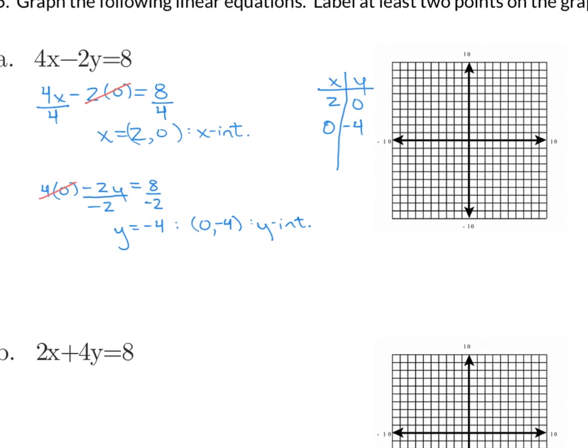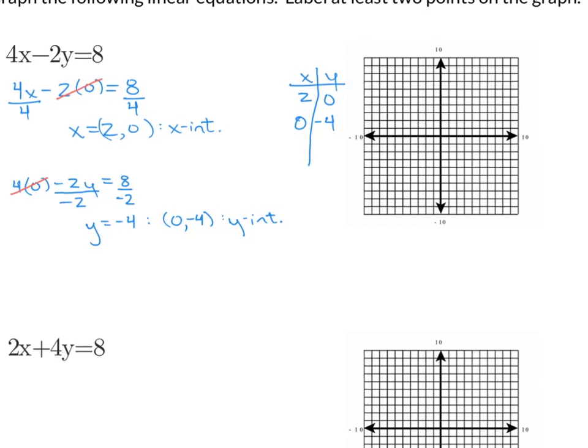Okay, so now let's go ahead and graph these 2 points. 2, 0, we're going to start at 0 and move 2 to the right on the x-axis. 0, -4, we want to move 4 down on the y-axis.